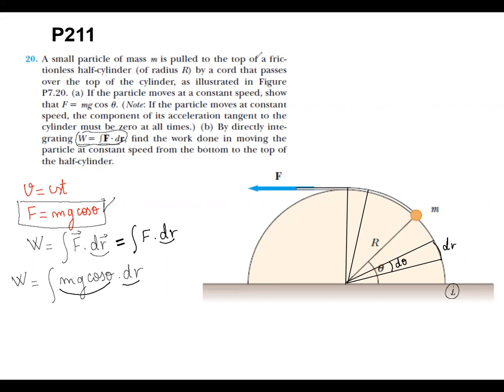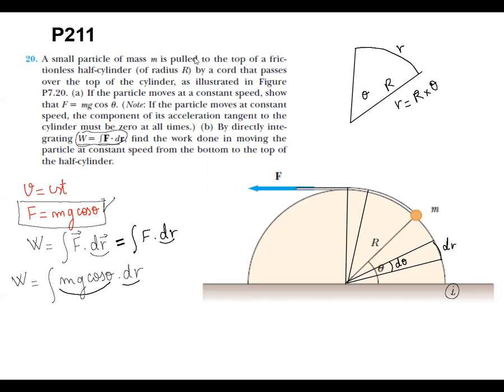If we have the angle theta with the radius r, you know, the arc equals the radius times the angle.